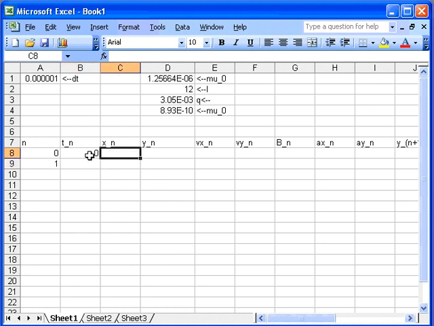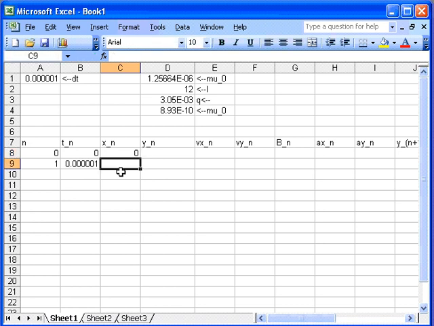Okay. Let's work on X. Yeah, I think I'll do it column by column. So that one just gets copied down. X sub n, I remember it's just 0, the original one.